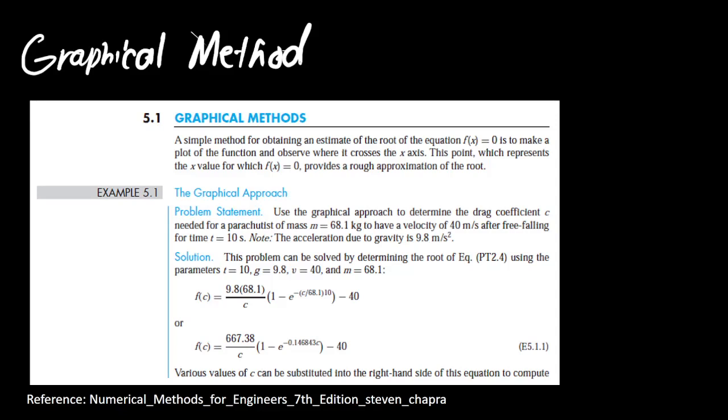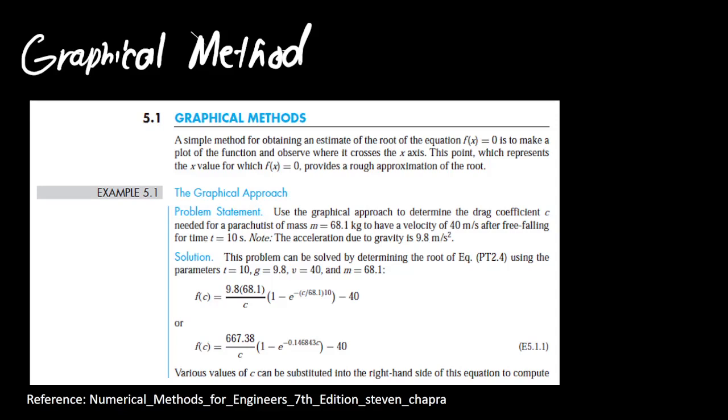Then you have pairs of x and y, and you plot them on a Cartesian plane and you have a line there. By observation or investigation, you look to where the curve or the line intersects with the x-axis, and that is our root. So that is how you find the root in the graphical method.